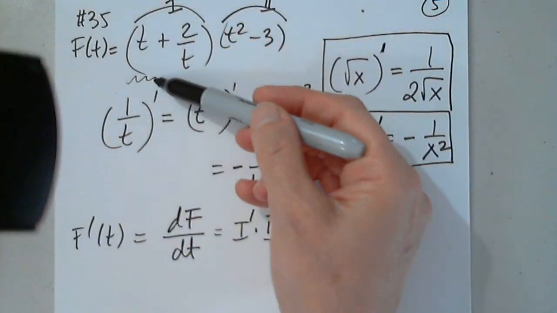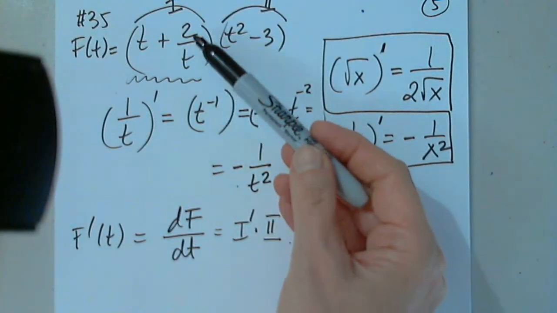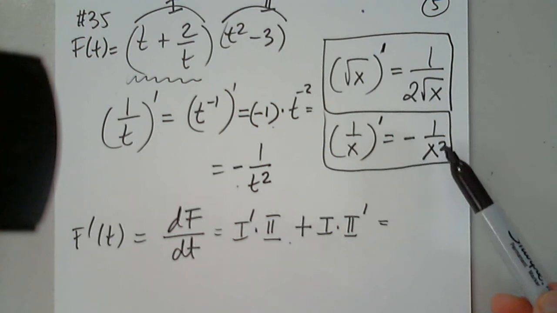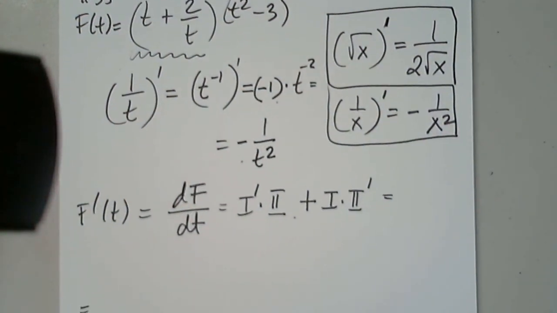Can anyone give us the first function prime? Keeping in mind that 2 over t prime is negative 2 over t squared. Same thing. The constant stays outside. Can anyone differentiate this for us?